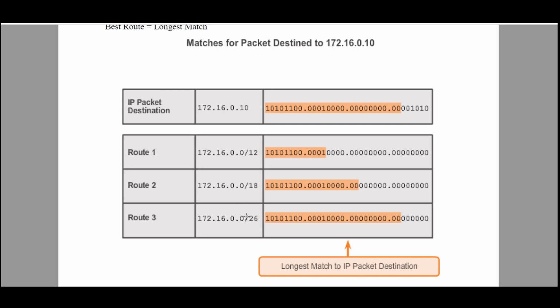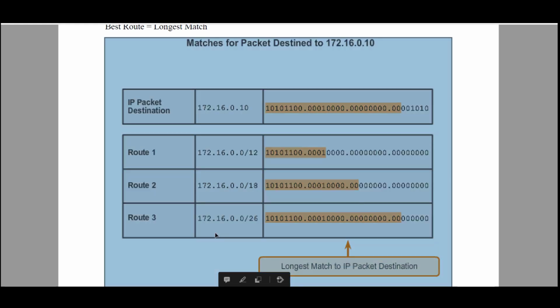Both these routes are level 2 child routes. The level 2 parent means 16 will come here, but in that parent these are all children: child 1 and child 2. Because we borrowed 2 bits here and 10 bits here. So the first is the level 1 route, and this and this are level 2 child routes.